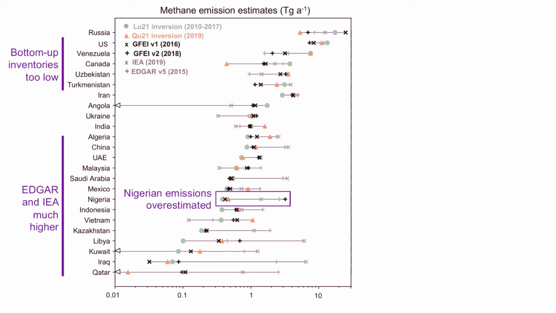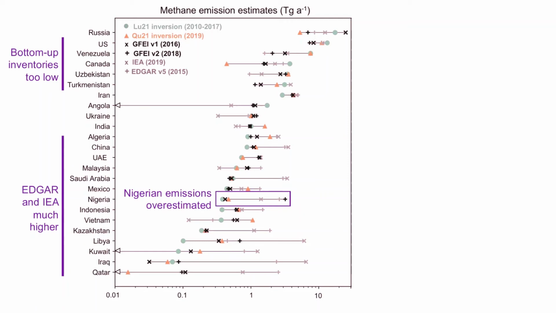The major takeaways are that these other inventories also show an underestimate of emissions for top emitting countries, though in general, the IEA tends to have higher estimates. We also see that there is a large number of countries where our emission estimates in GFA, and also our posterior emission estimates, are much lower than these other bottom-up inventories indicate.